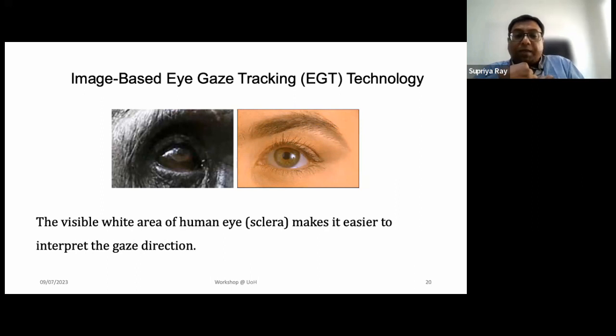That makes it much easier to understand the gaze direction. Unlike, as you can see in the picture, the eye of a gorilla. Here it's very different. It's very difficult to distinguish between the pupil and the sclera. Okay. Anyway, go to the next slide, please.